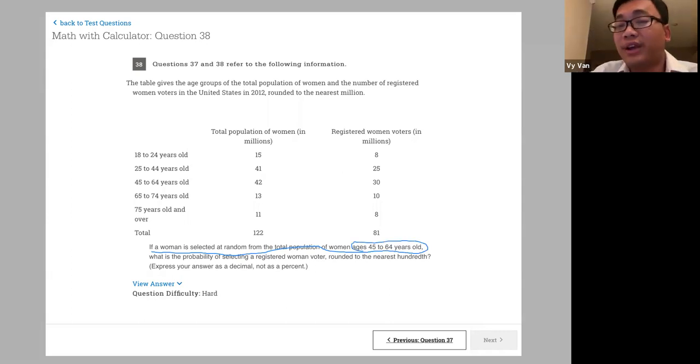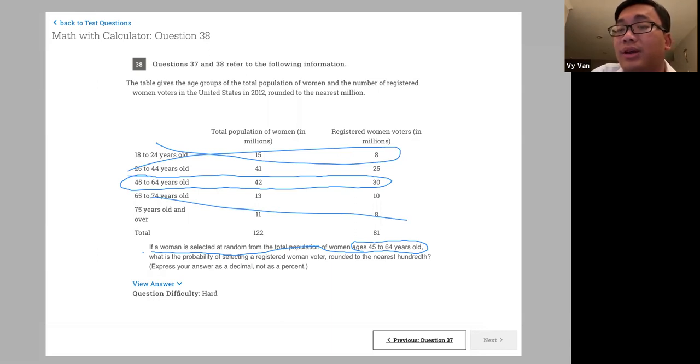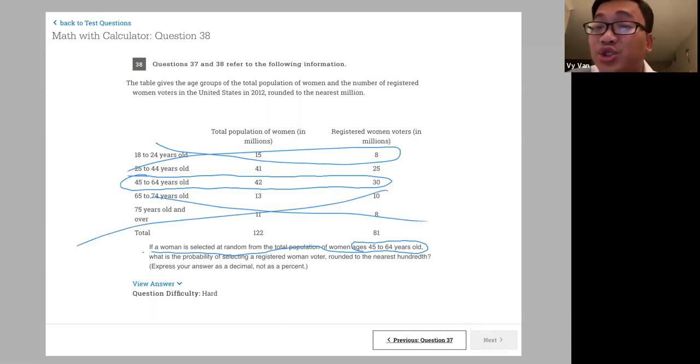When you see this phrase, if something is selected, immediately you want to circle that row or column that contains whatever they selected. So here they selected this, so you only circle this row. And let's ignore everything else. Let's imagine they don't even exist. Okay, forget about everything else. Let's zoom yourself into this only. What is the probability of selecting a registered woman voter?